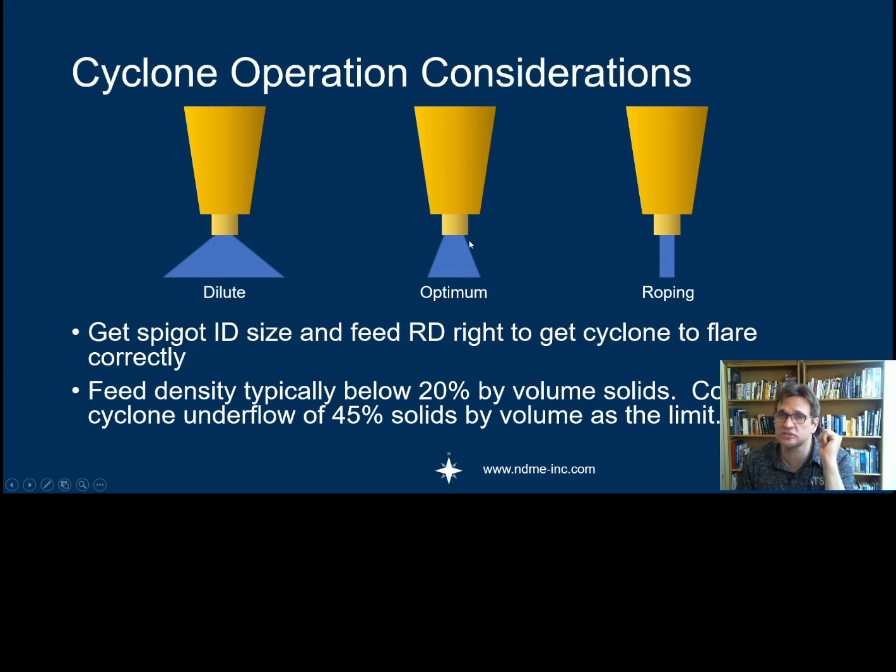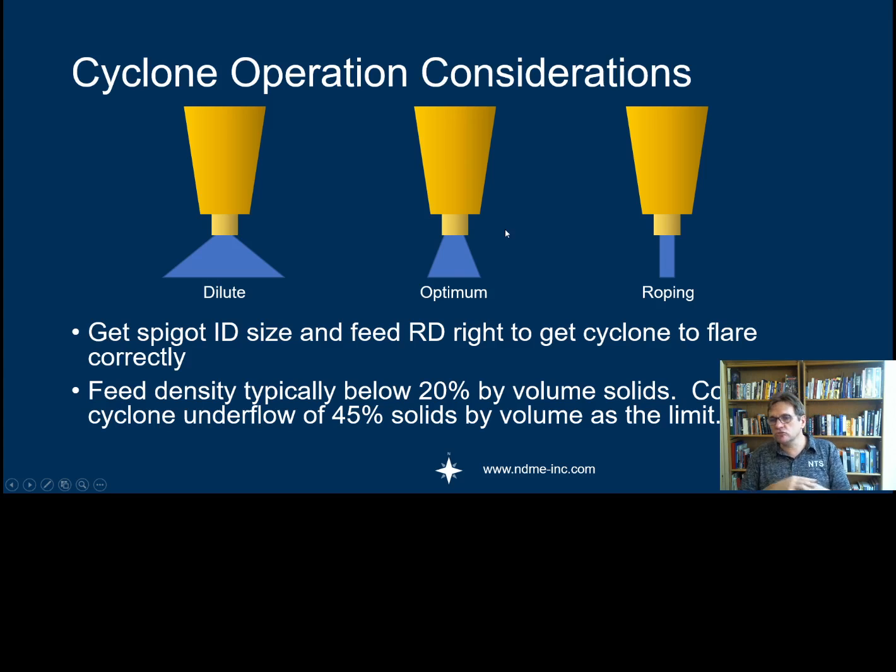But the bad news is, as you decrease that cyclone spigot size, you get to a condition which is called roping. You don't actually have any flare happening. And what happens then is basically you shut down that air core in the cyclone. You've got no air core, and because of that, the centrifugal force just disappears, and you have a lot less separation. So you try and avoid a condition known as roping.